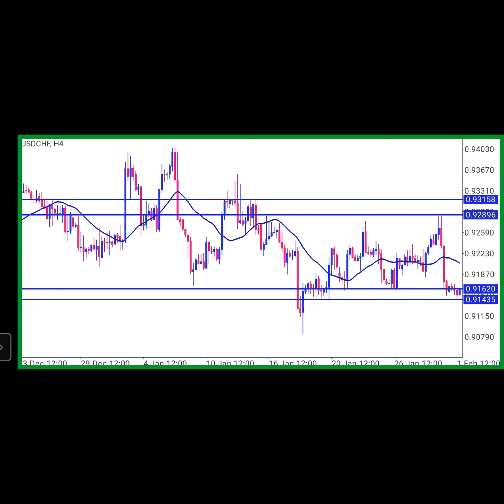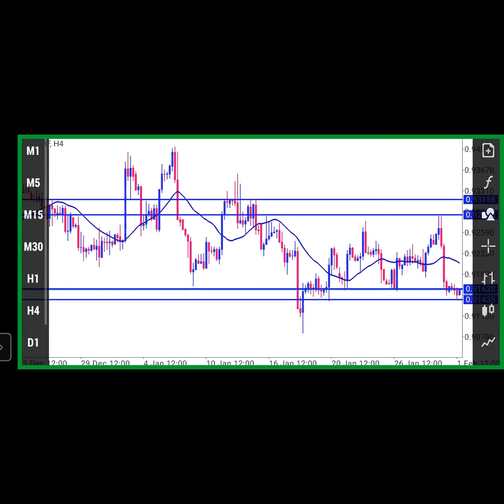Which candle and which zone are you talking about? Did you know this 931, 928 we marked? It's the sell candle, the last candle that came out of there.